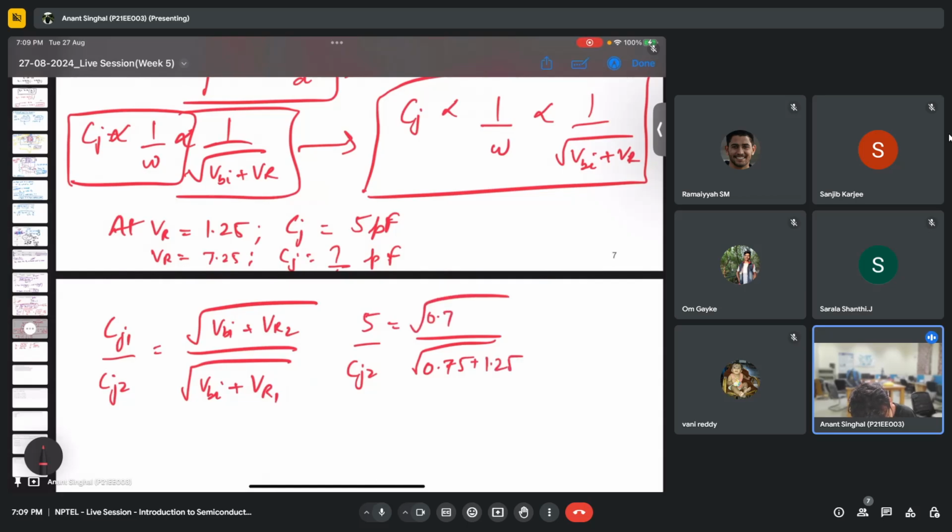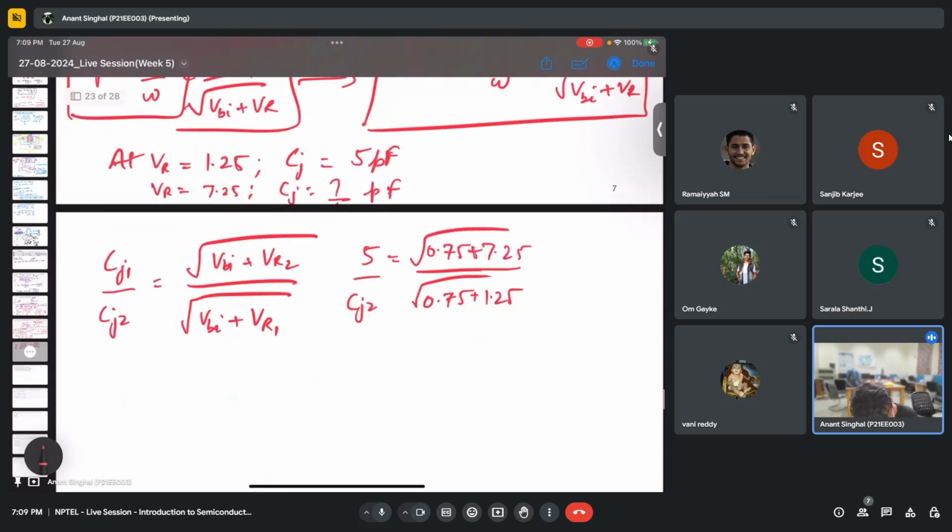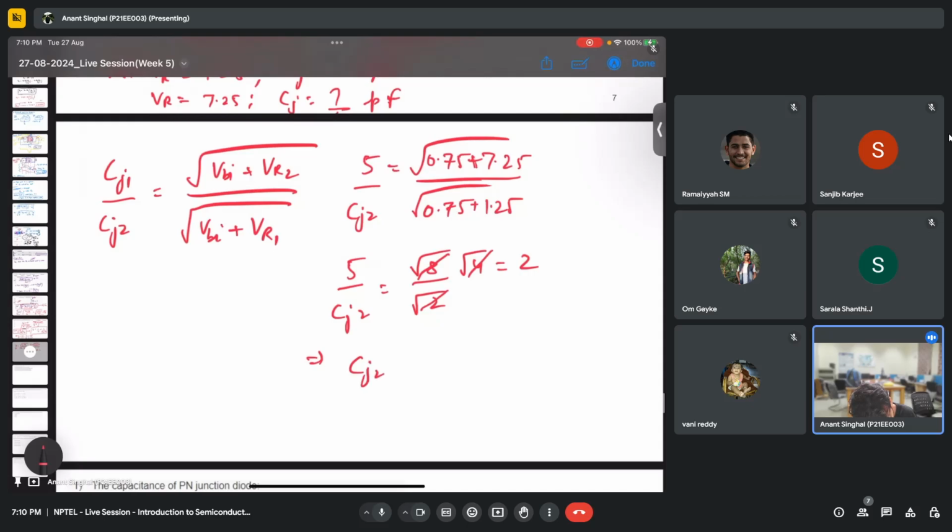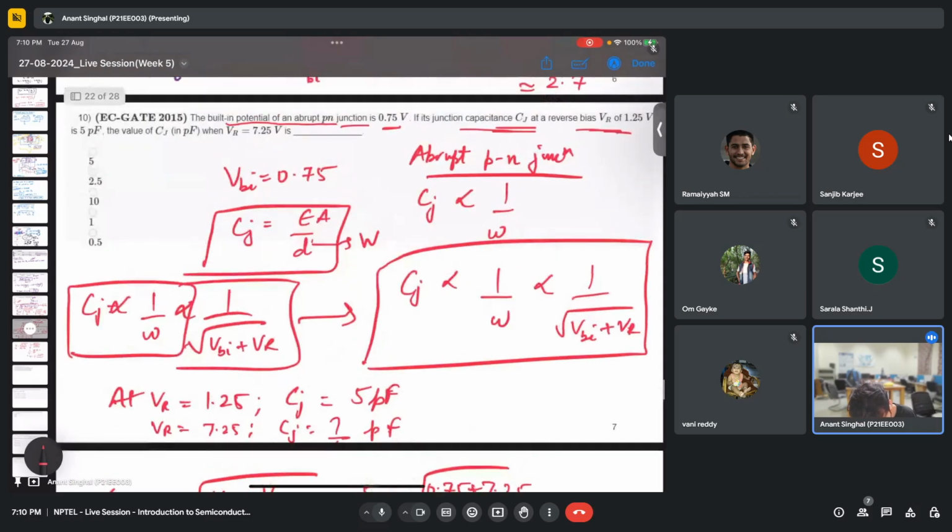And this is 0.75 plus what they are asking, 7.25. So we need to find CJ2 now. So 5 by CJ2 will be under root 8 divided by under root 2. This will give me under root 4, which is nothing but 2. So CJ2 will be 5 by 2, that is 2.5 picofarad. So 2.5 is the correct answer, which is option B here.